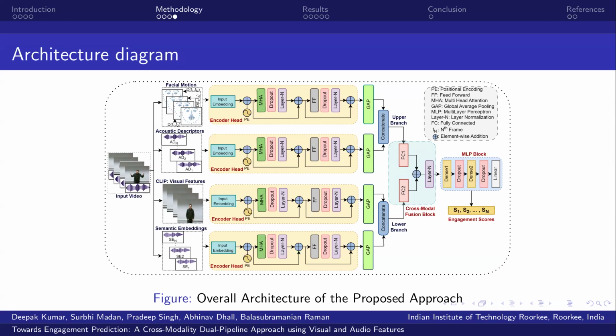The extracted features from the facial motion and acoustic inputs are concatenated in the upper branch, while the features from the CLIP and semantic embeddings are concatenated in the lower branch, as we can see in the diagram. This strategy leverages the complementary nature of different modalities, providing a richer and more diverse feature set for engagement estimation. This strategy was chosen for its ability to handle heterogeneous data efficiently.